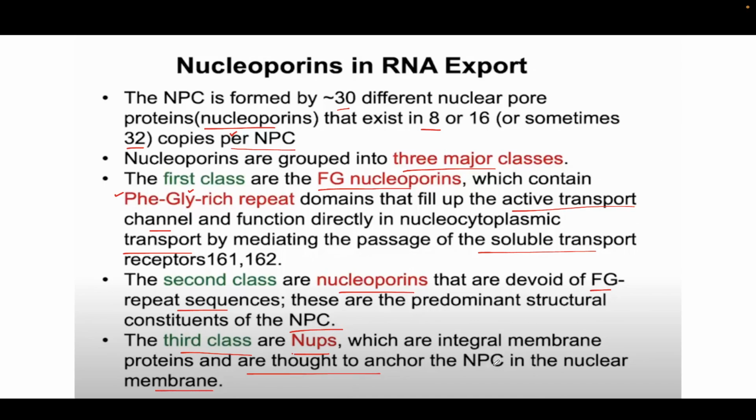So which is required to anchor the NPC in the nuclear membrane? That is the NUPs. That means they are specifically required to keep this nuclear pore complex in the nuclear membrane. Understood? So these are the first class, second class and third class of nucleoporins we have just discussed.